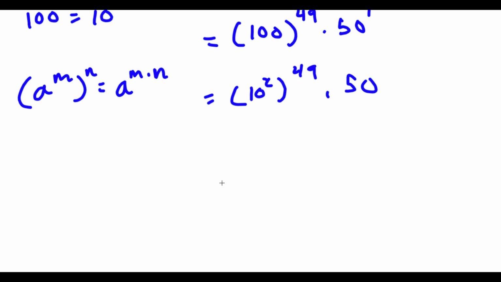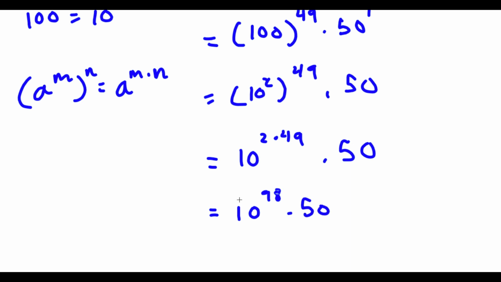So 10 to the power of 2 to the power of 49, that's going to equal 10 to the power of 2 times 49. Now I have this times 50. Now 2 times 49 is going to equal 98. So now I have 10 to the power of 98 times 50.